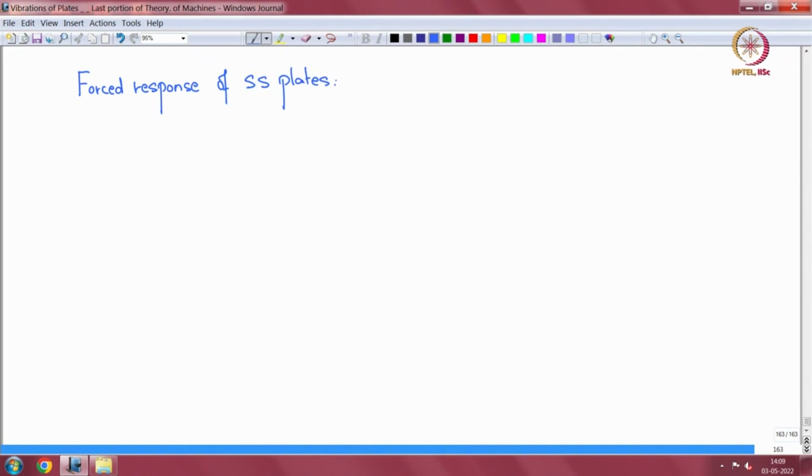So we have looked at a couple of responses. The next one is a point moment. Next one is response of a simply supported plate to a point harmonic moment.